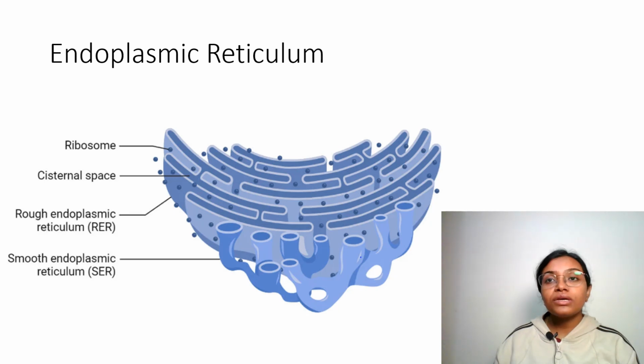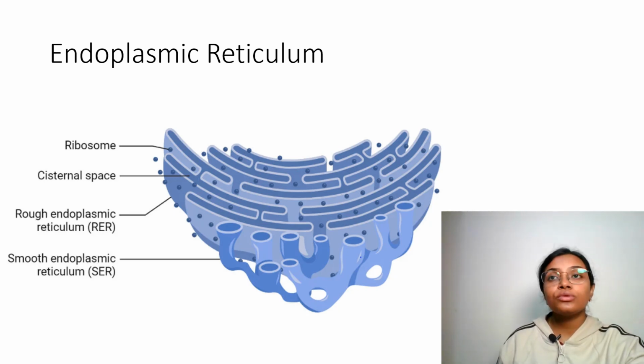Smooth endoplasmic reticulum, on the other hand, does not have ribosomes. The smooth endoplasmic reticulum has a tubular form. It participates in the production of phospholipids, the chief lipids in the cell membrane, which are essential for the process of metabolism. Smooth ER transports the products of the rough ER to other cellular organelles, especially to the Golgi apparatus.